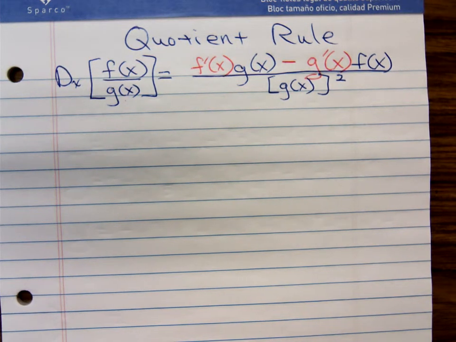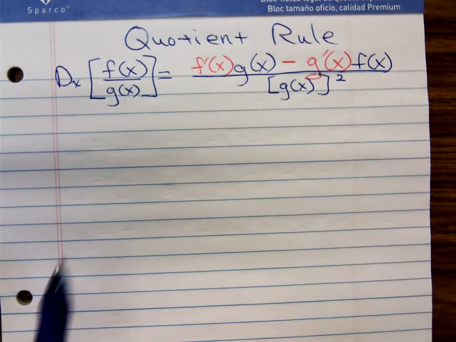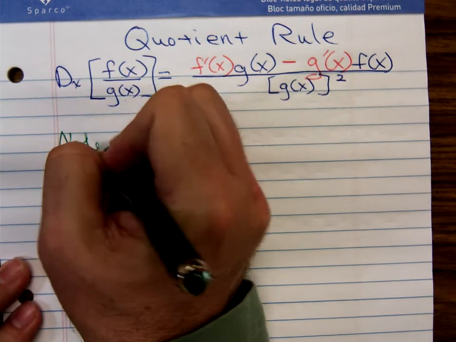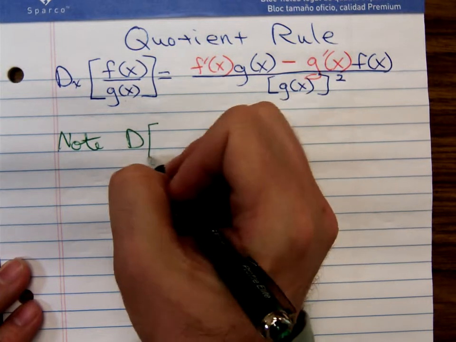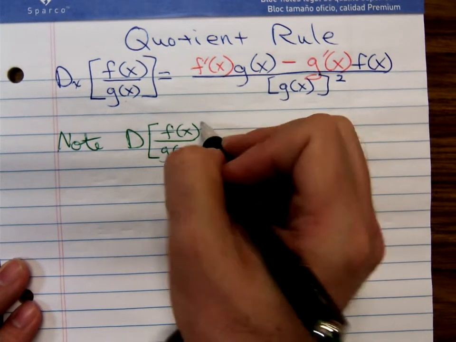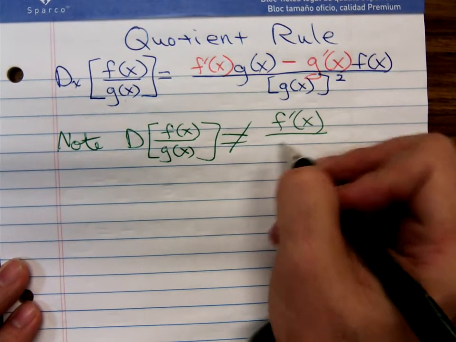And note, to differentiate a fraction, you can't just differentiate the numerator and differentiate the denominator. I'll say note. If you're differentiating f of x divided by g of x, that does not equal f prime divided by g prime.